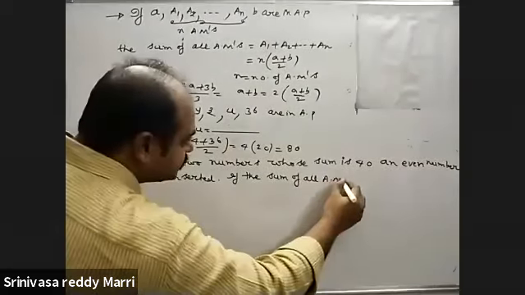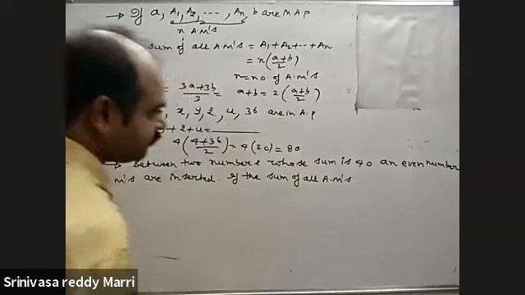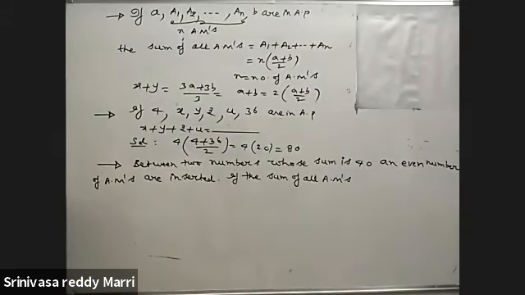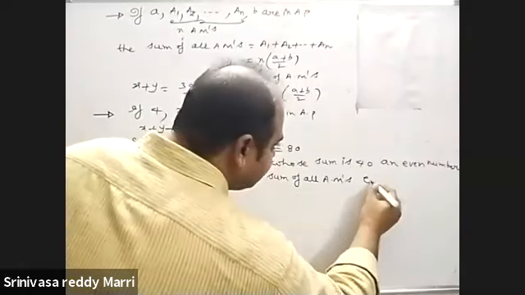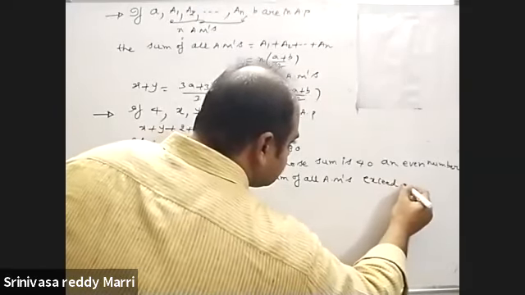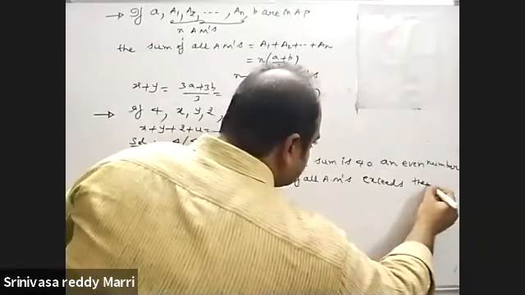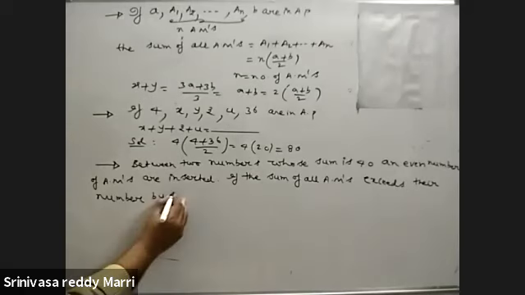If the sum of all AMs exceeds their number by 342.